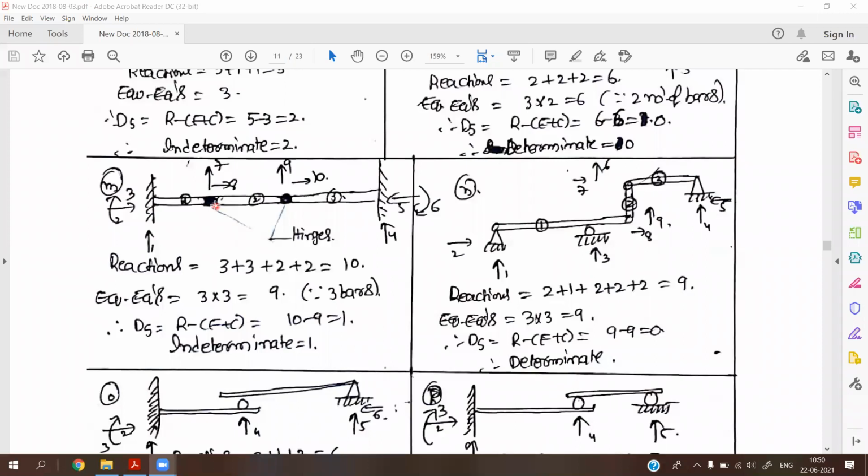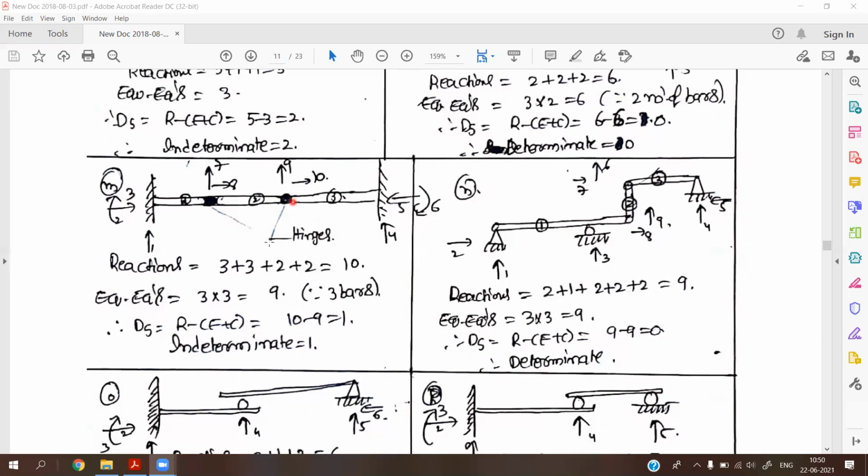So if you observe, how many reactions are present? Here three reactions and three reactions, so six in total. But additionally we have two hinges, and because of the hinges we have two additional reactions each, so 2 plus 2, therefore 6 plus 4. So in total 10 reactions are present in this beam.